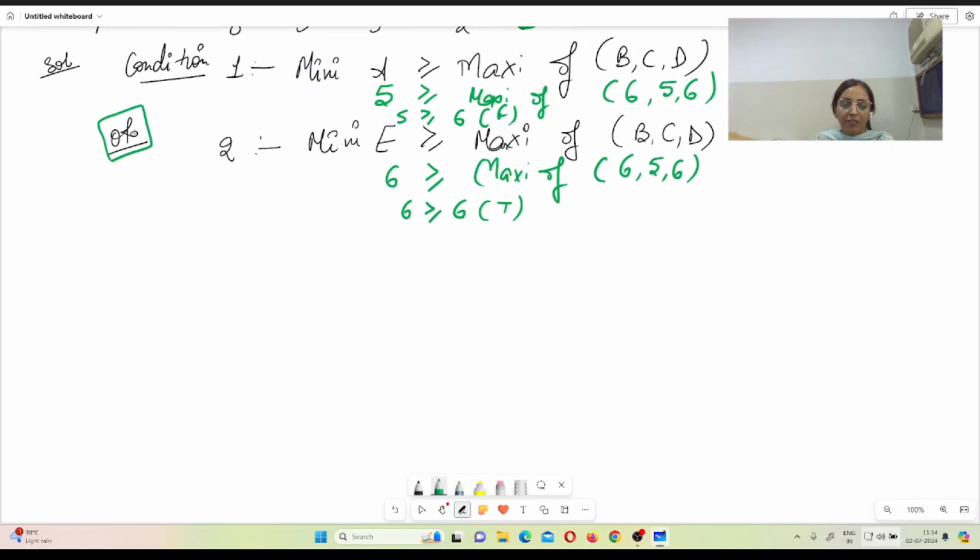2 machines, and we have taken the example as G and H, right?